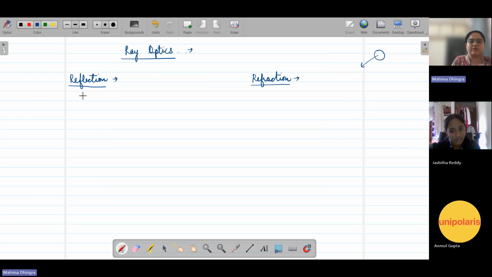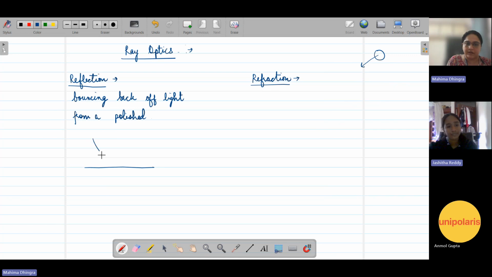In case of reflection, we call it the bouncing back of light from a polished surface. For example, when light is falling on any polished surface, any mirror which is polished from one side, which is painted from one side, when the light falls over it, this is our incident ray.